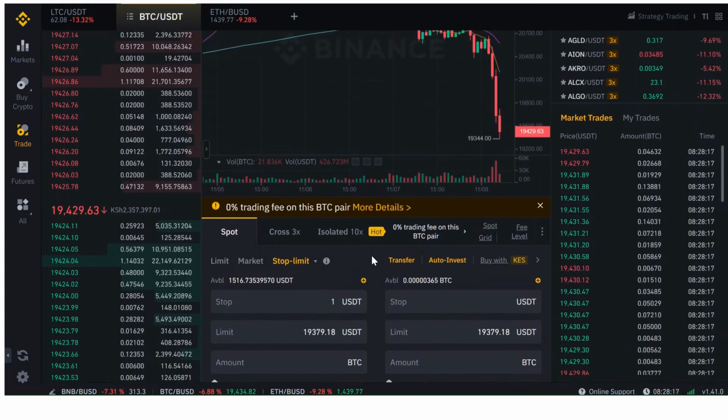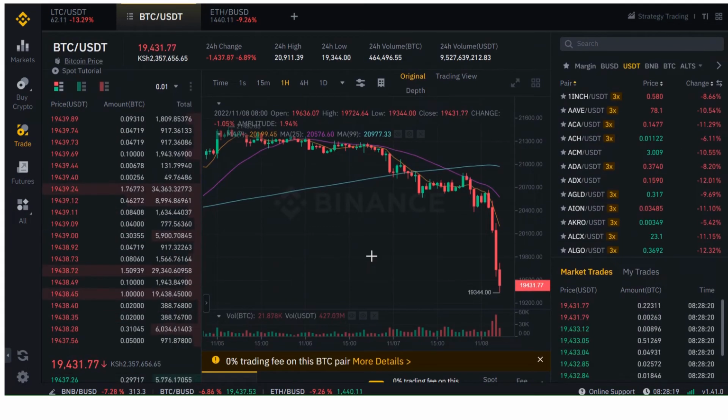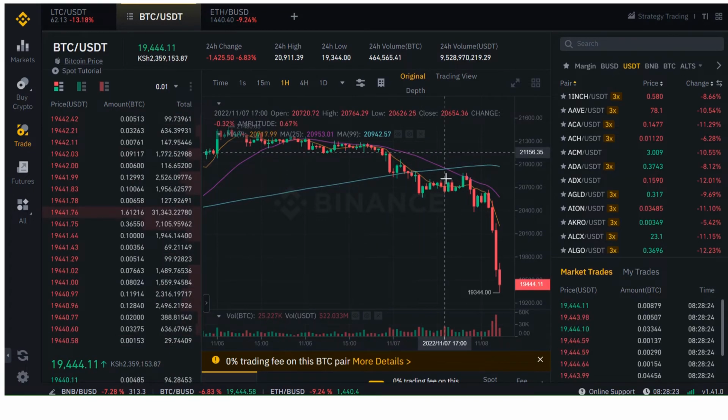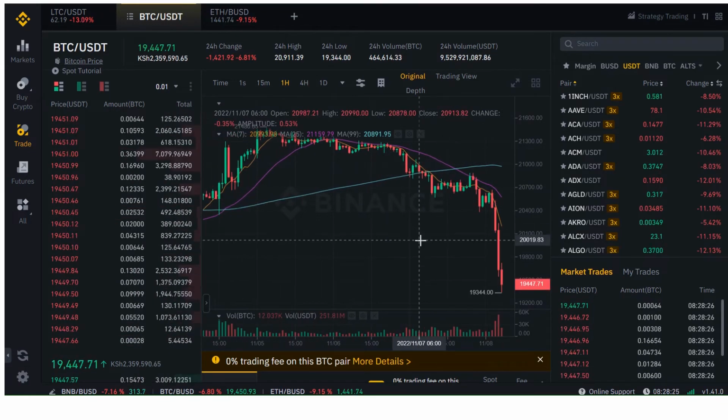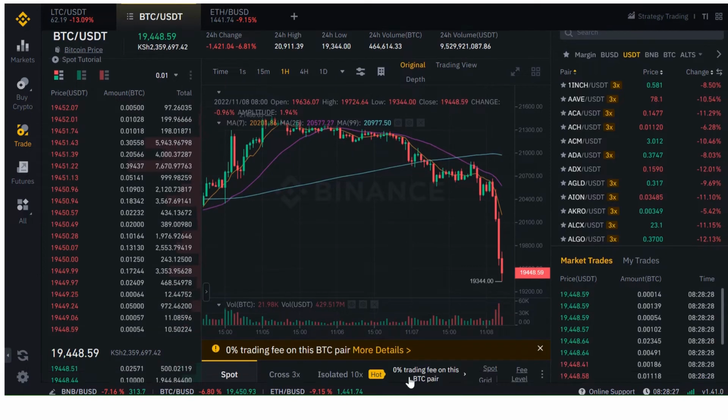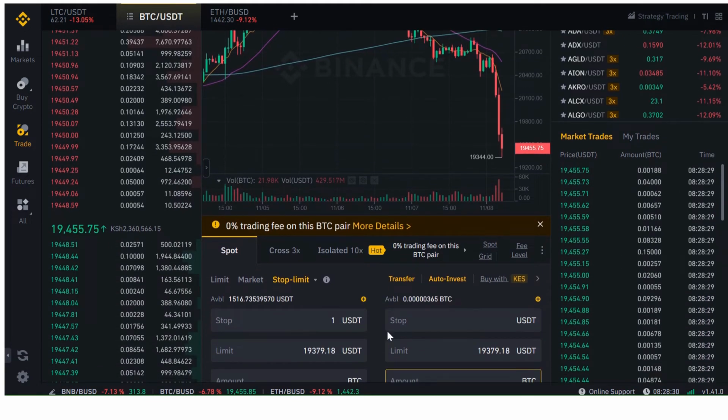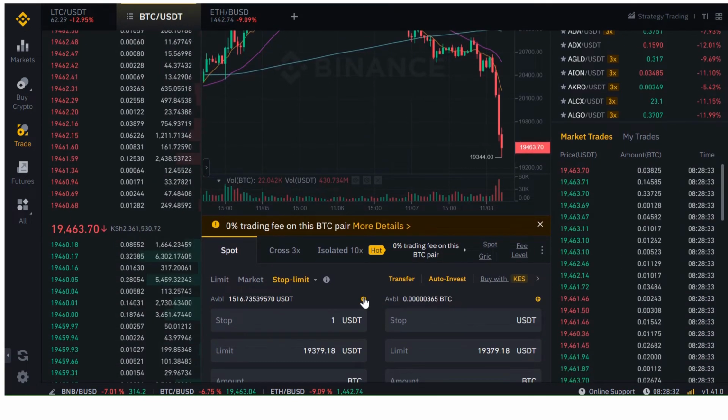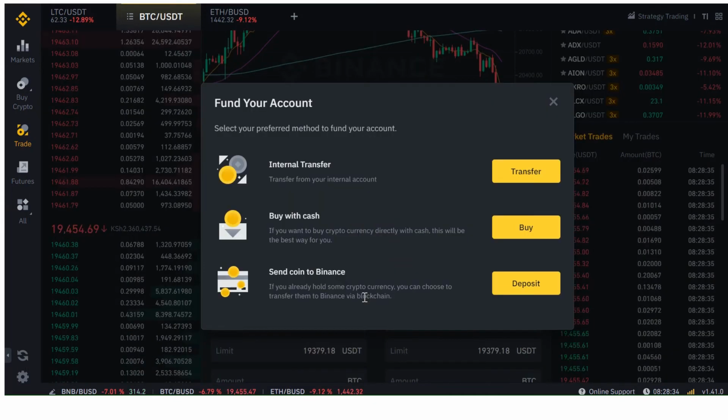Apart from that, I can also tell you, once you have bought your coins, how do you fund the spot market? If you want to transfer your coins, you just press this sign here, and it will give you options.